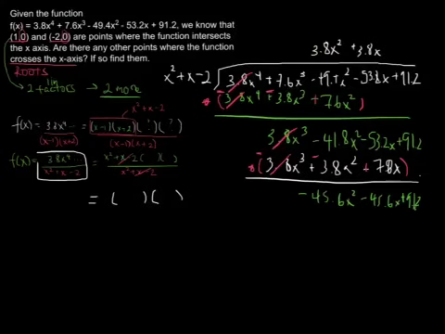Decimal over there. When I divide in, I'm going to get negative 45.6. And when I multiply through, it's going to give me negative 45.6x squared minus 45.6x plus 91.2.